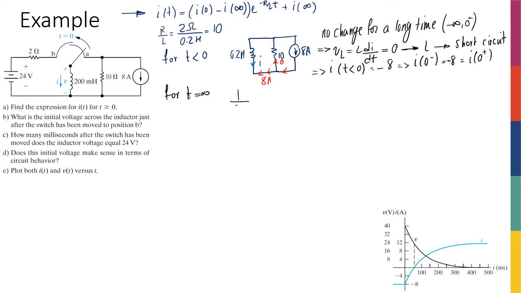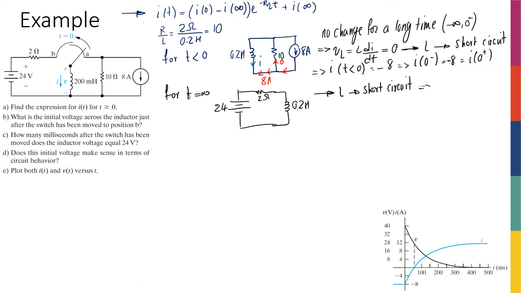So for t equal to infinity, after a long time, I have this battery thingy. So this is after switching. So I have the voltage source and the 2 ohm resistor, the 24 volts voltage source, and I have the inductor, 0.2 Henry, right? Now, after switching and after a long time, again, L becomes short circuit.